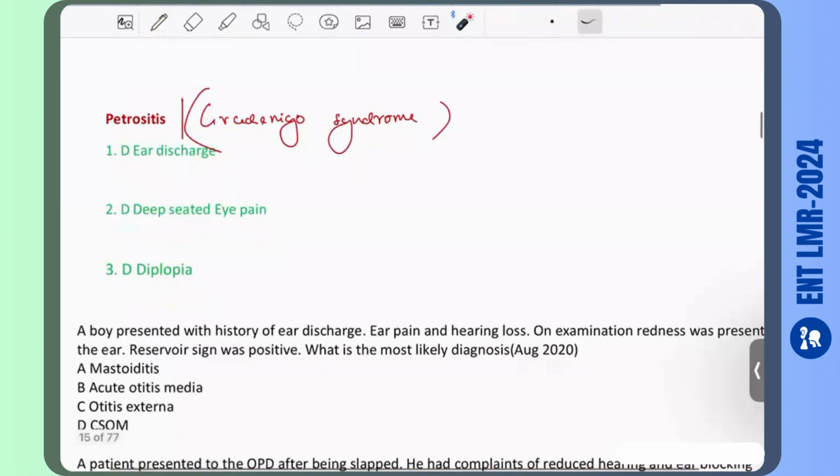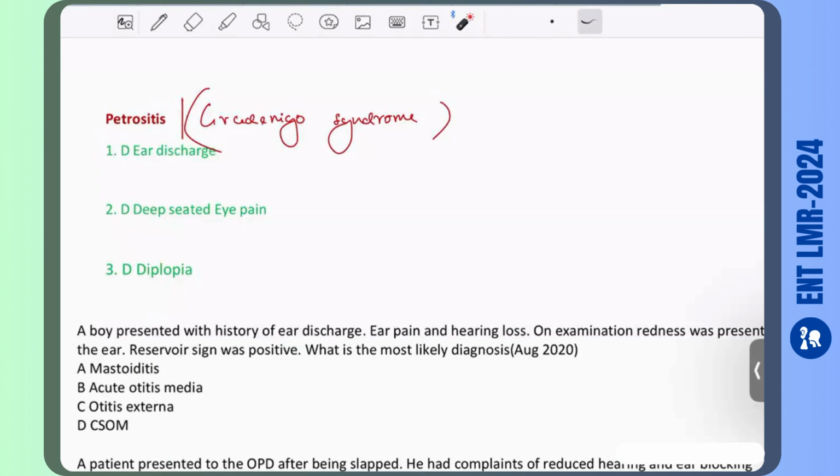So the patient will have infection spread from the mastoid antral system or the middle ear into the petrous part of the temporal bone. We have four parts of temporal bone: petrous part, mastoid part, squamous part, tympanic part.